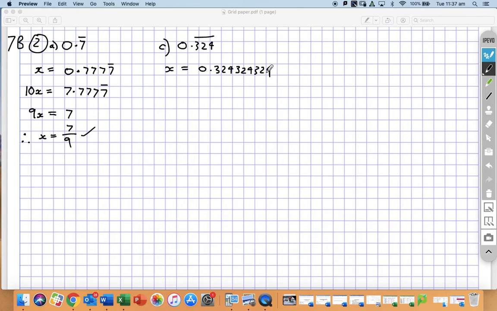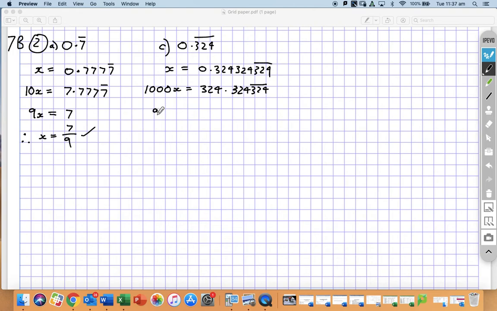1000x would be 324.324, 324, etc., etc. These are recurring. So if I took that number and subtracted away this number, I would be left with a whole number.